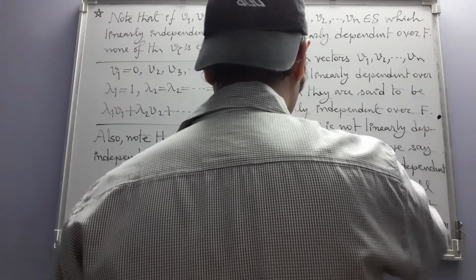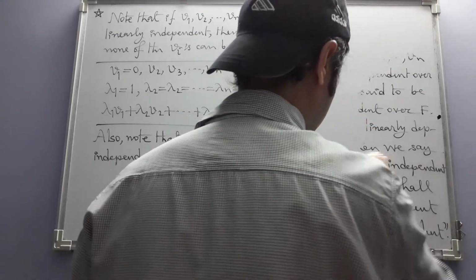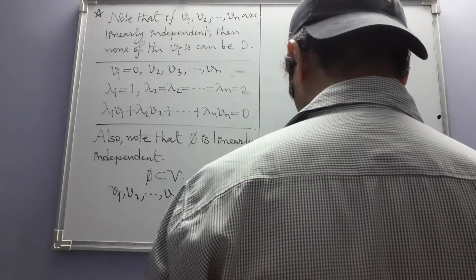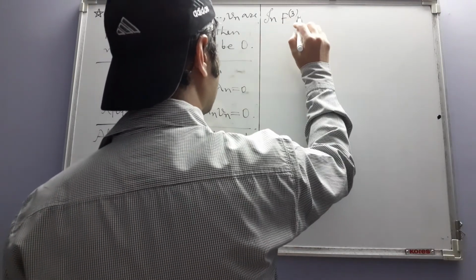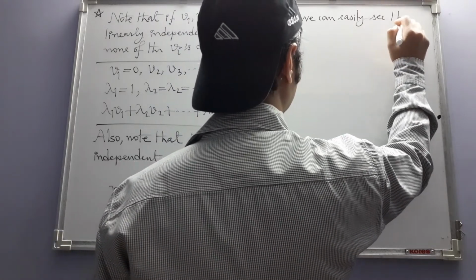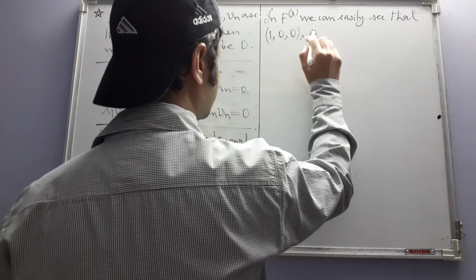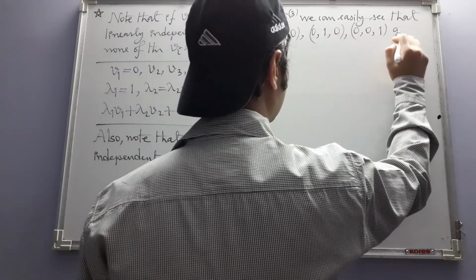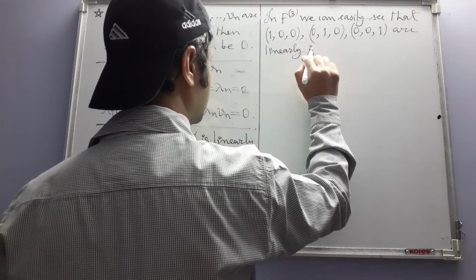Now some non-trivial examples. In F3, F is any field, we can easily see that these vectors are linearly independent.